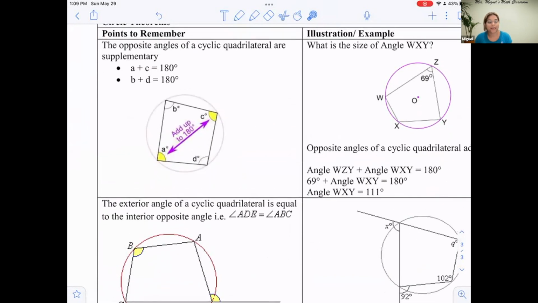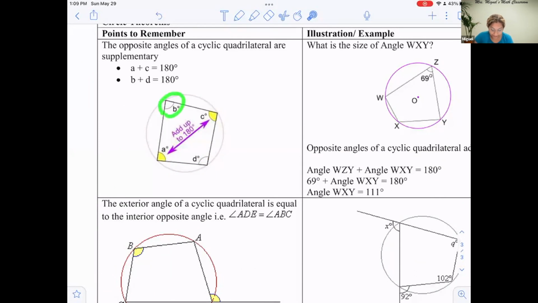Cyclic quadrilateral. The word quadrilateral simply means it is a four-sided figure found inside of a circle, right? And the opposite angles are supplementary. So these are the opposite angles of a cyclic quadrilateral.